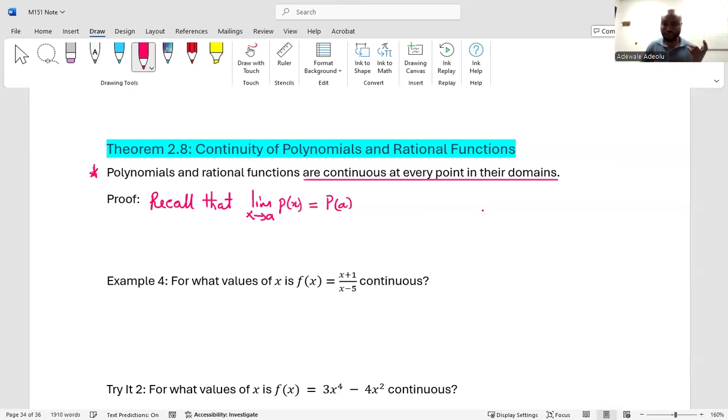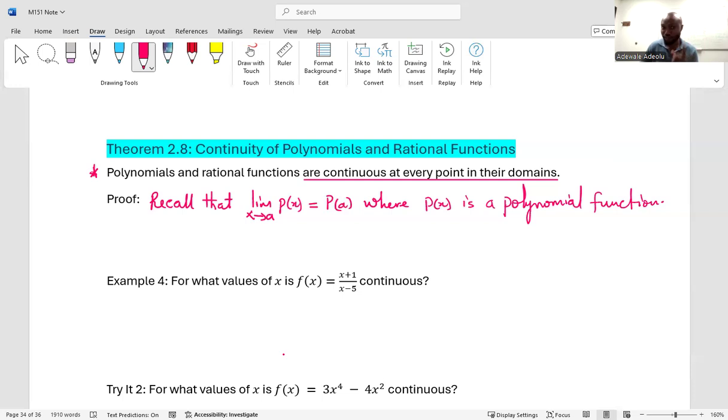Do you remember this theorem where we actually proved this, where p of x is a polynomial function, right?